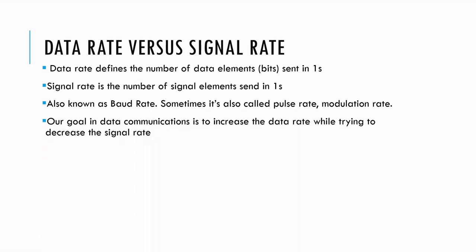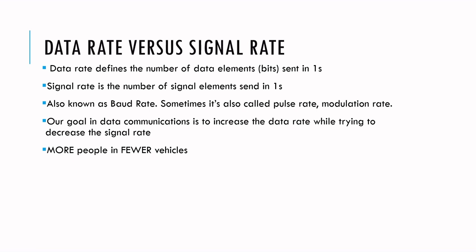Now, our goal in data communication is to increase the data rate while trying to decrease the signal rate. So remember, if there are a lot of vehicles on the road, it creates traffic. More traffic means you're stuck in traffic, and that's not a very desirable scenario. So our goal is to be sending more people, but using a lower number of vehicles.